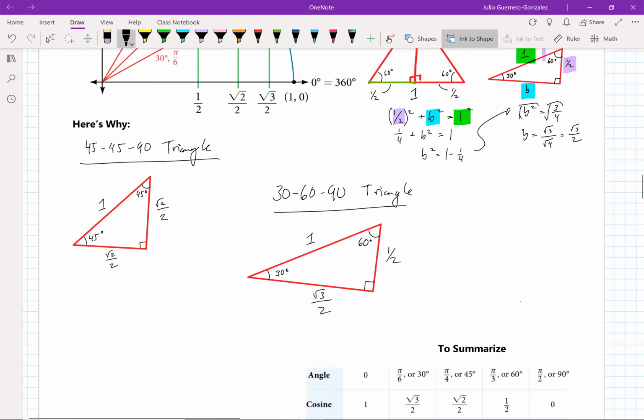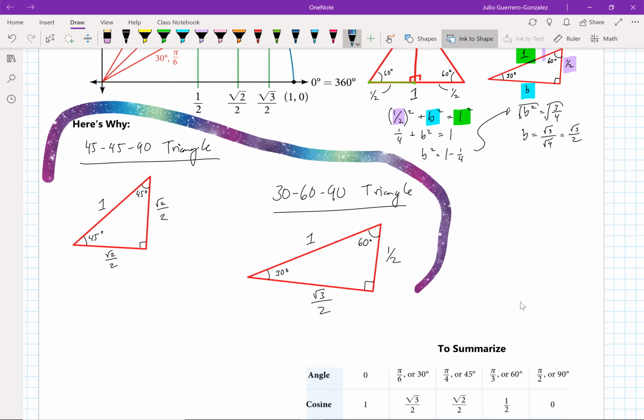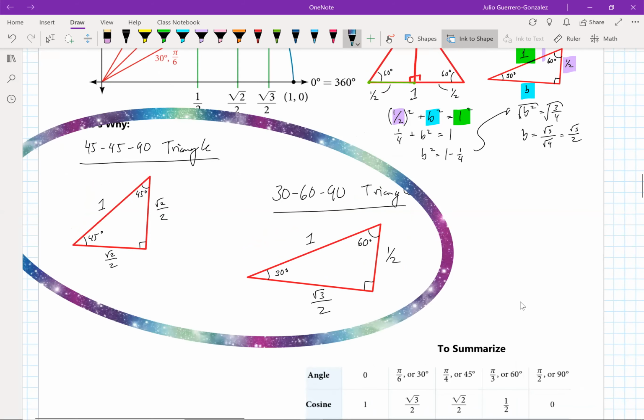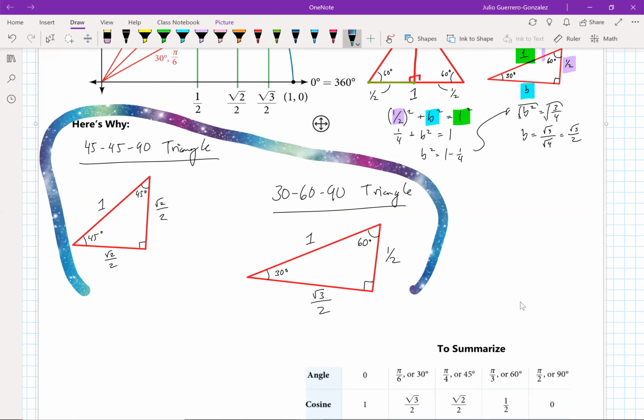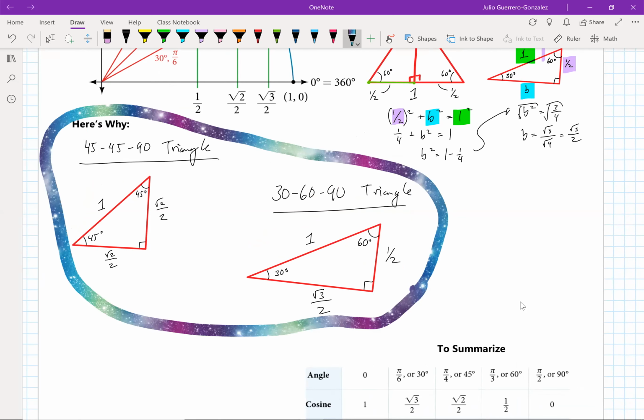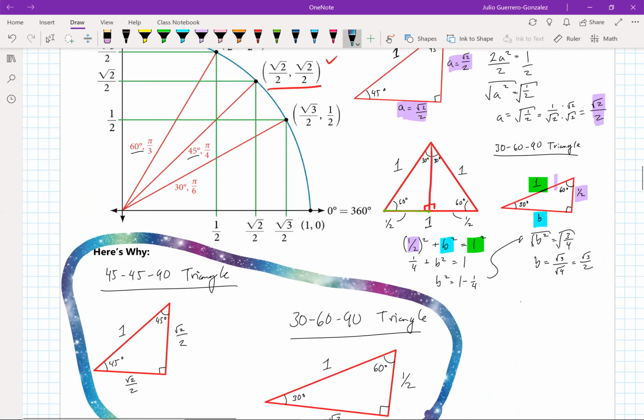These two triangles right here sum up the big ones. These two triangles right here are what we use to get these angles right here.